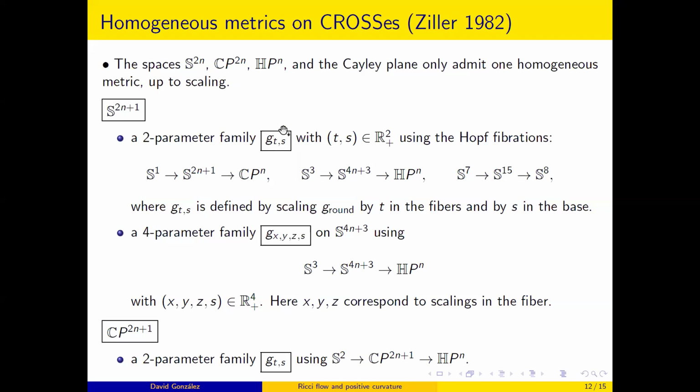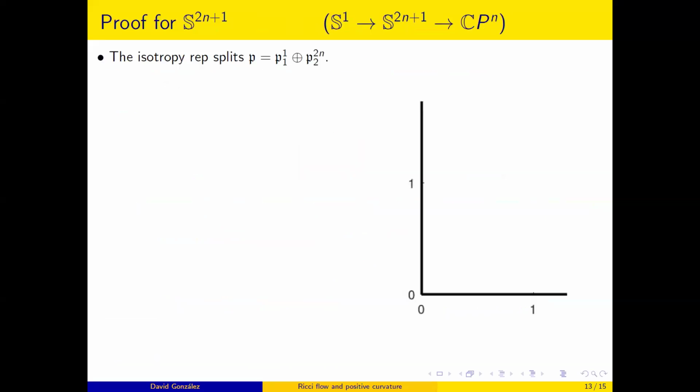I want to explain a little bit about this two-parameter family corresponding to the first fibration, the circle one, and then I will also say something about the four-parameter family. About the metrics coming from the circle fibration, the Hopf fibration given by the S^1 action, the so-called Berger metrics, the isotropy representation has two summands.